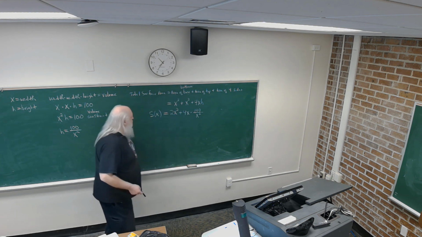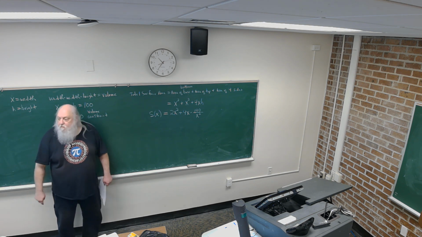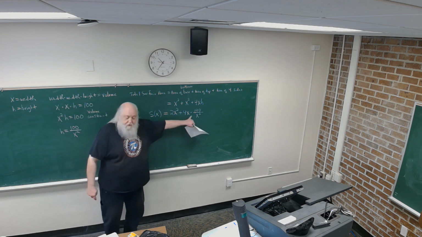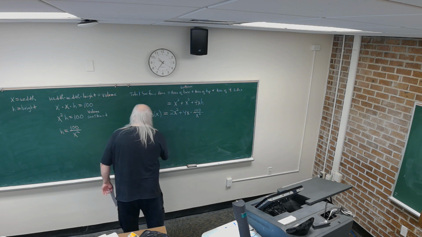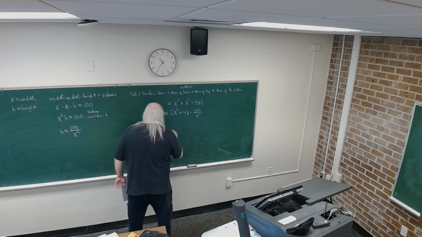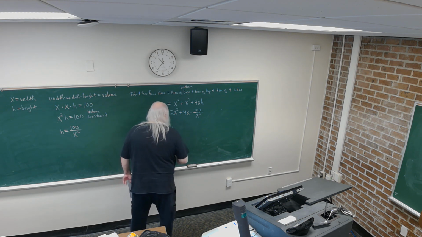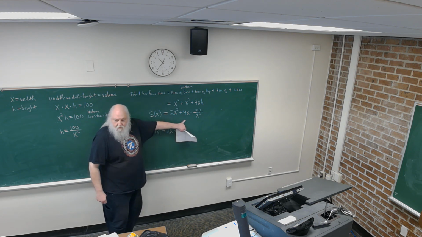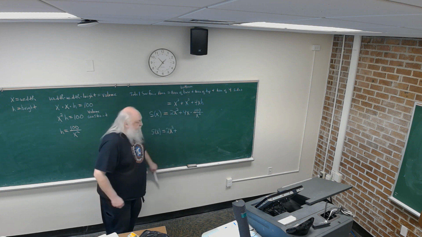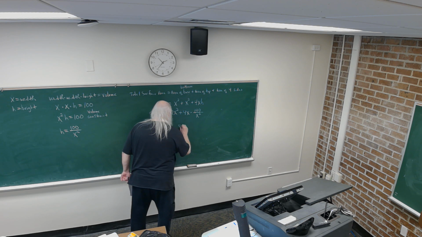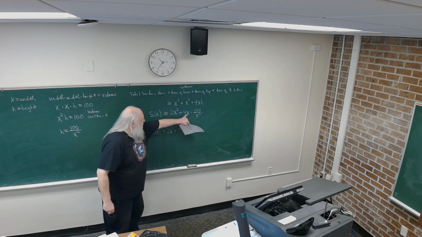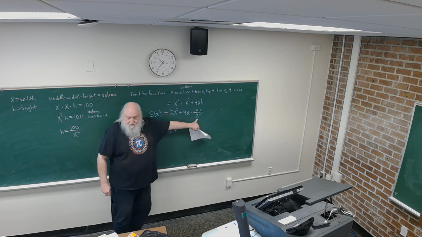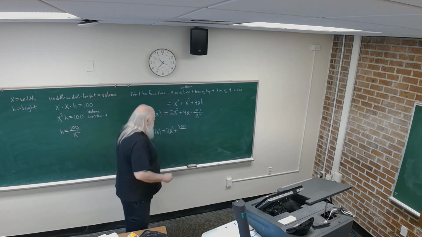Now the total surface area is a function of x only, and it's just a matter of simplifying this product. So the total surface area as a function of x is equal to 2x squared plus 4x divided by 1 times 100 over x squared. 4 times 100 is 400, and this x cancels one of those x's, and I'm left with x in the denominator.